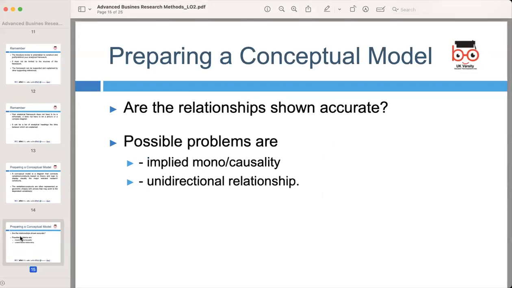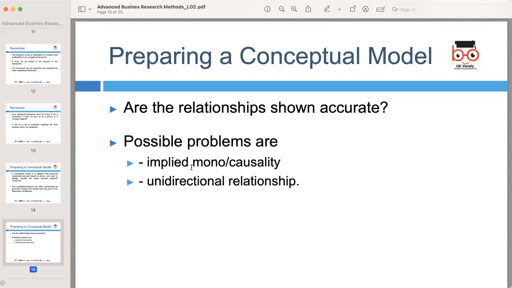Preparing a conceptual model: when the relationships shown are not accurate, possible problems are implied mono-causality and unidirectional relationships. When creating a conceptual model, it is important to ensure that the relationships accurately represent the connections between the elements.